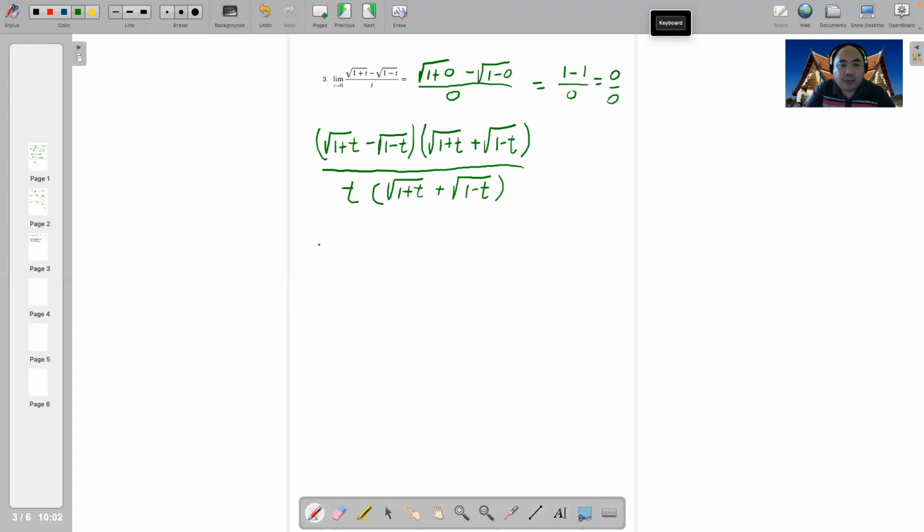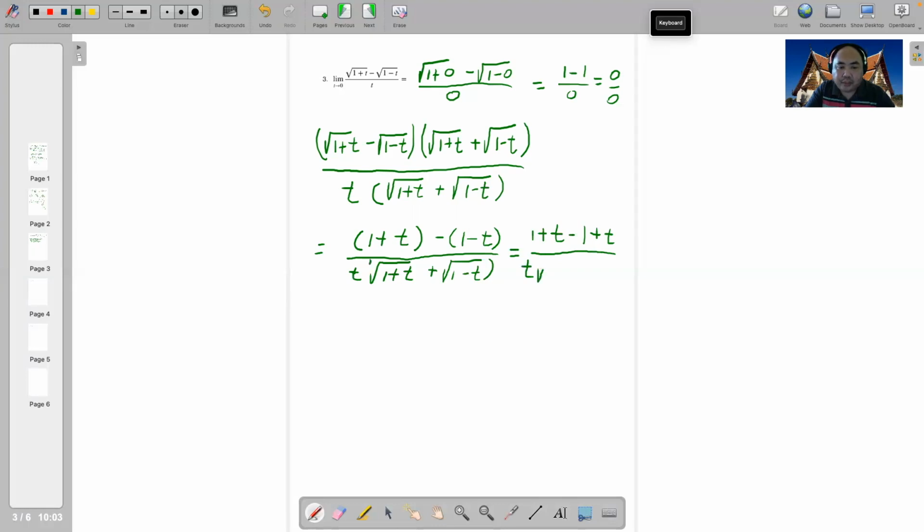Right, so how would this be? Okay, this will be further simplifying 1 plus t minus 1 minus t, divided by t times the quantity square root of 1 plus t plus square root of 1 minus t, which is equal now to 1 plus t minus 1 plus t divided by t times the square root.